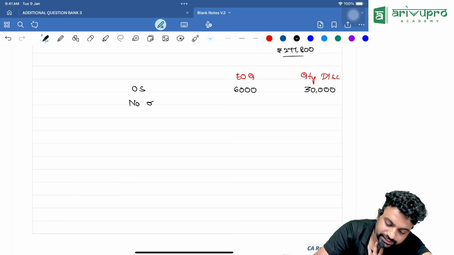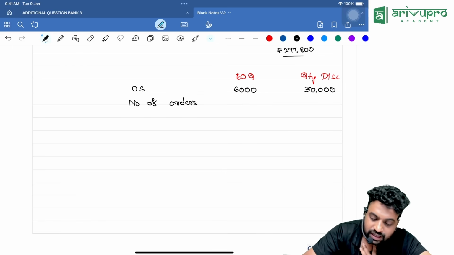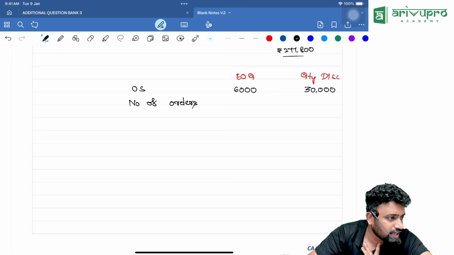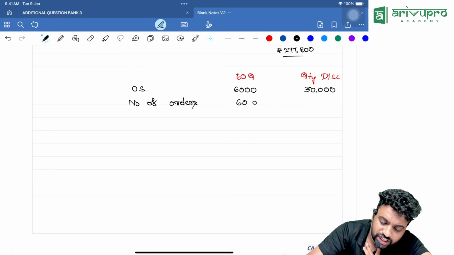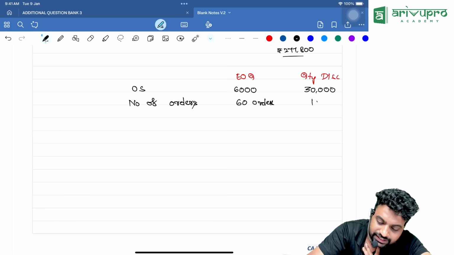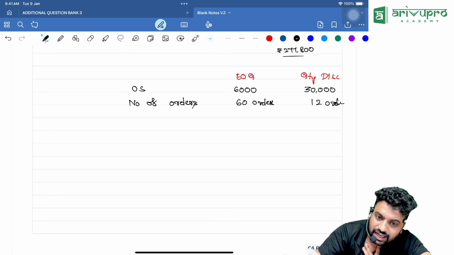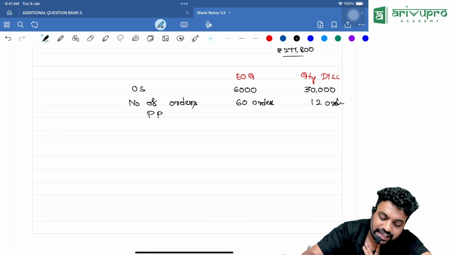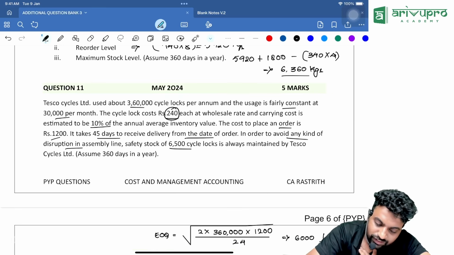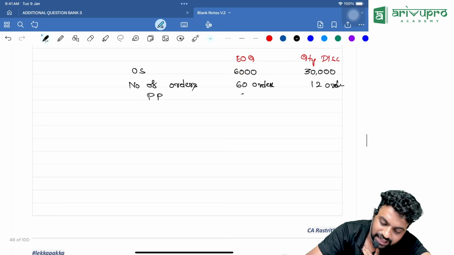Number of orders: we need 3,60,000 units in the year. So if we keep placing 6,000 units per order, we need to place 60 orders. If it is 30,000 for 360,000, it is 12 orders. Purchase price: in case of EOQ, we are not getting any discount, so for us it will be 240 rupees per unit.